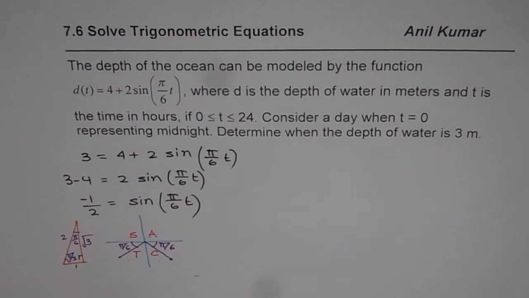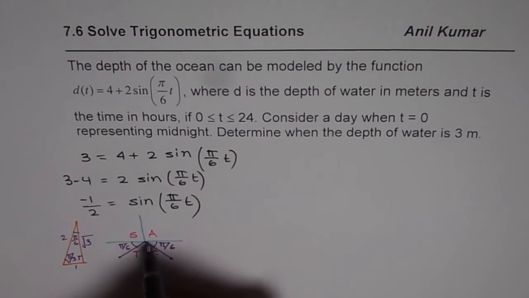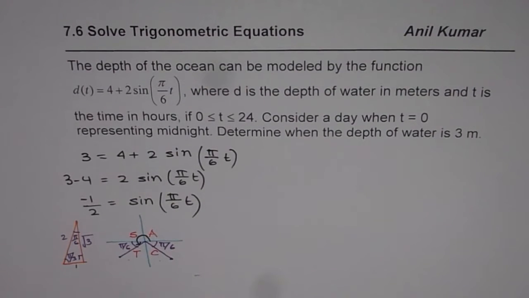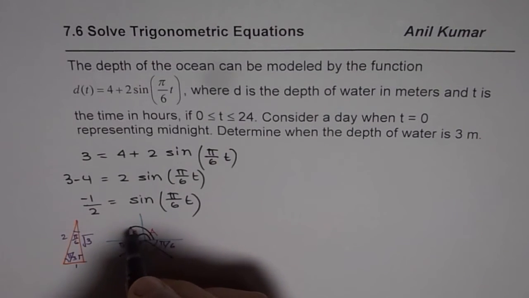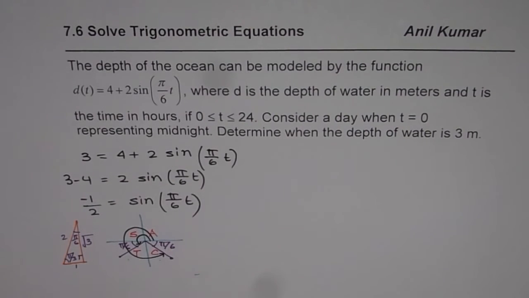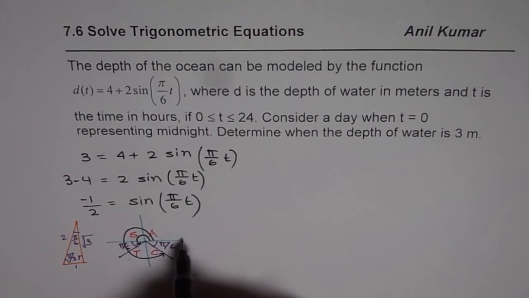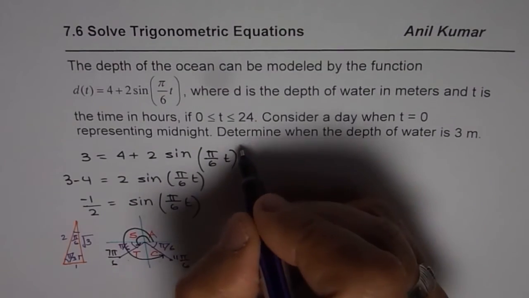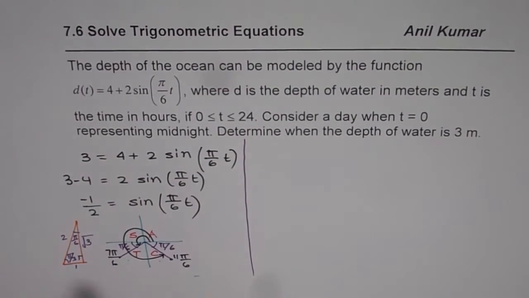Now, if this is the acute angle, then what is the principal angle we're talking about? So the principal angle will be pi plus pi by 6 and 2 pi minus pi by 6. Is that okay? This means there are 12 pi by 6 here. So this is 11 pi by 6, and this one is 7 pi by 6. Or you can add pi to pi by 6, get 7 pi by 6.